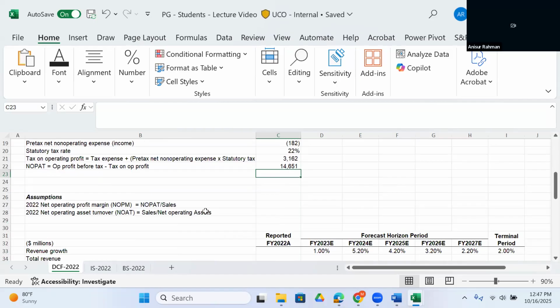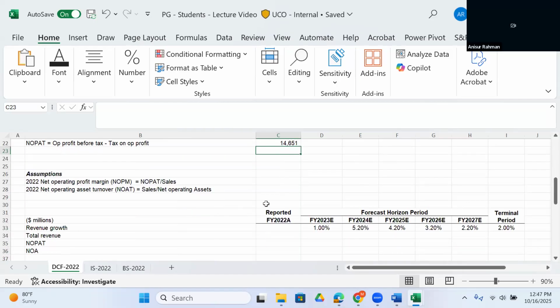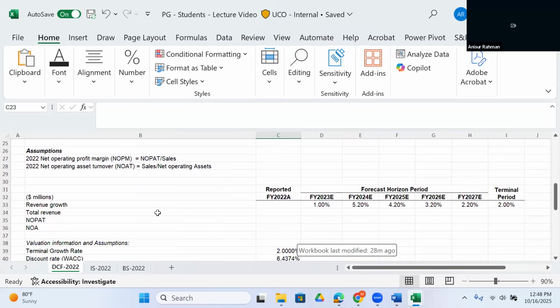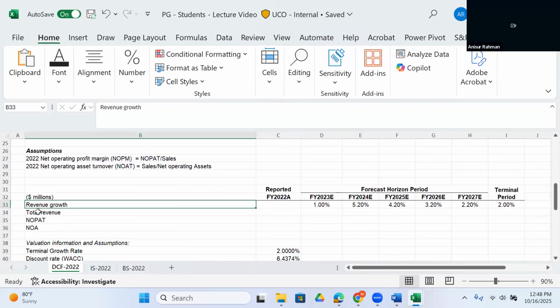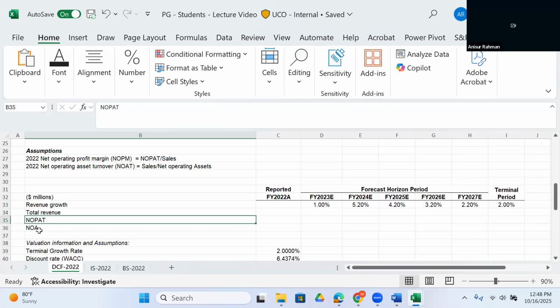Now for DCF, we are going to make some assumptions. In the ideal case, in DCF analysis, you will actually forecast revenue growth, and based on those forecasts, you will calculate total revenue, and you'll also forecast NOPAT and net operating assets.